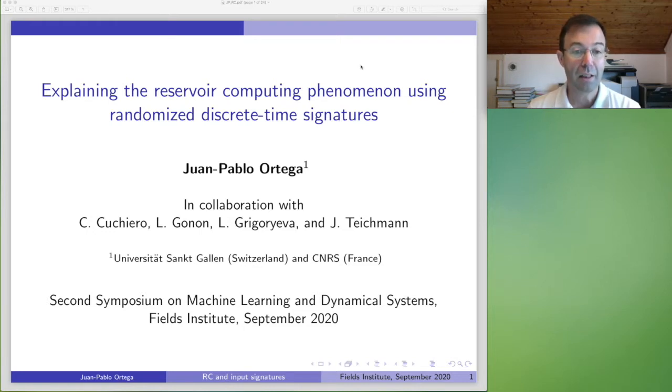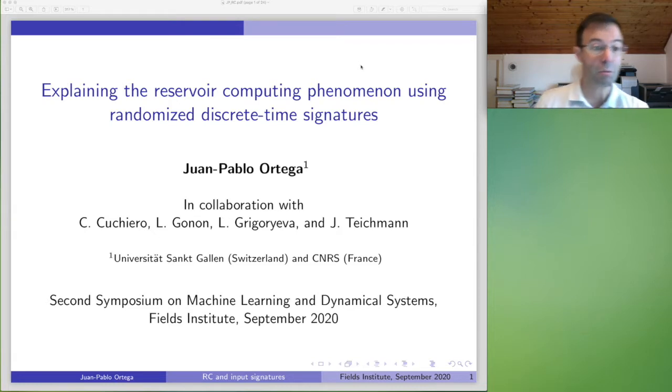As you see in this page, this is a collaboration that started already like 2 years ago or even longer, when Ludmila organized a meeting in Constance. There was a reservoir computing and dynamical systems meeting, and then Joseph Teichmann came to this meeting and realized various connections between what we do in reservoir computing and some techniques that appear in rough path theory, which is part of stochastic analysis.